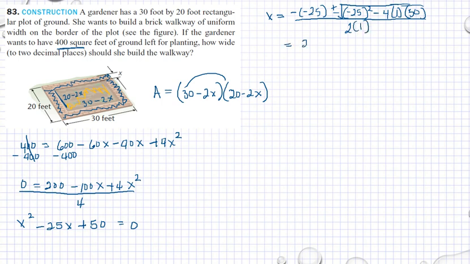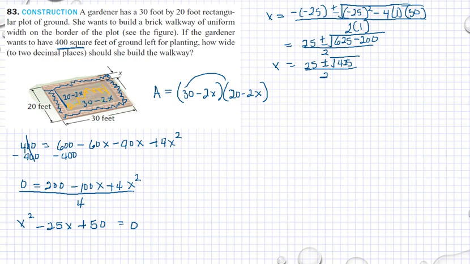Then we have 25 plus or minus the square root of 625 minus 200, divided by 2, which gives us 25 plus or minus the square root of 425, divided by 2. That's our x.